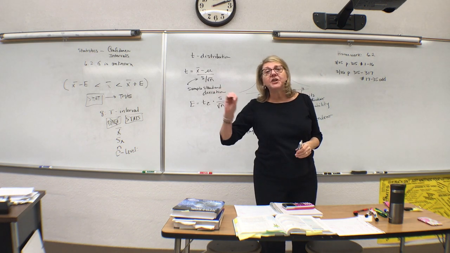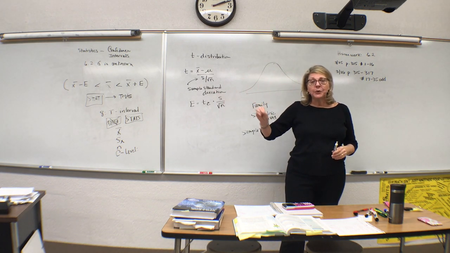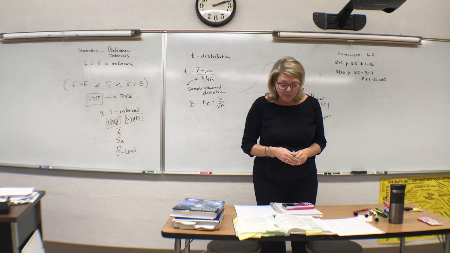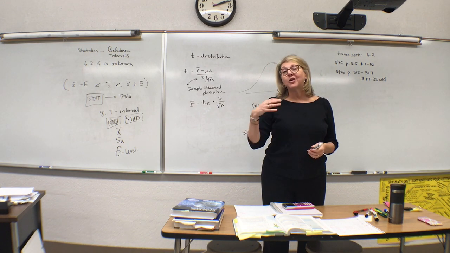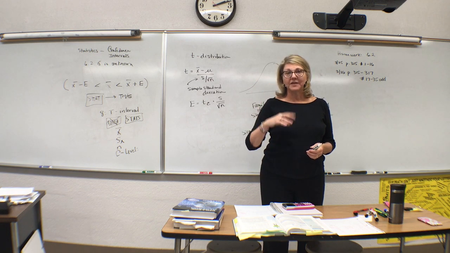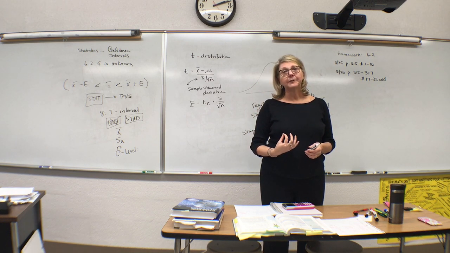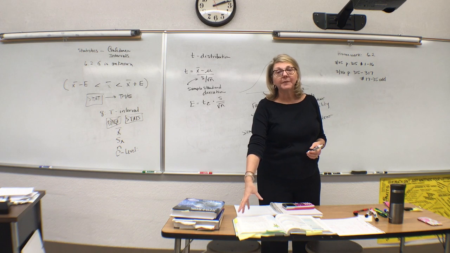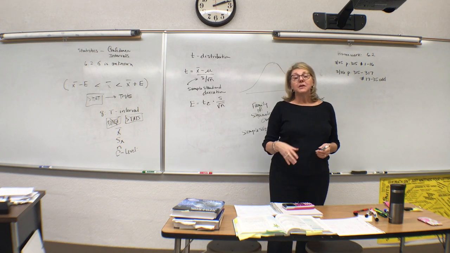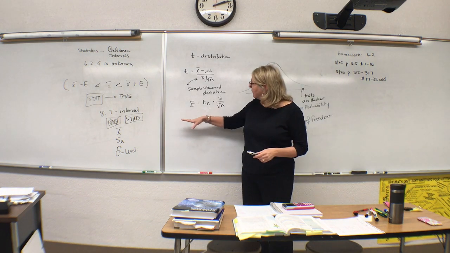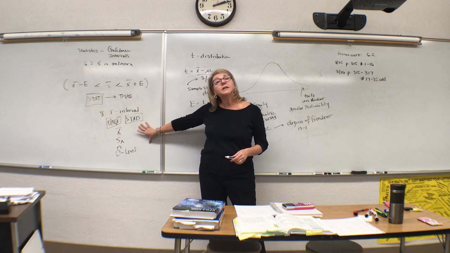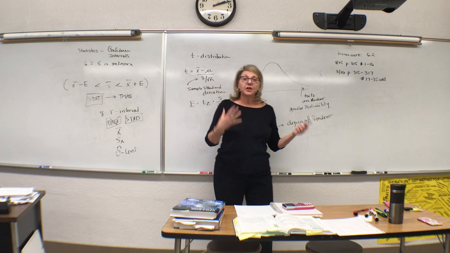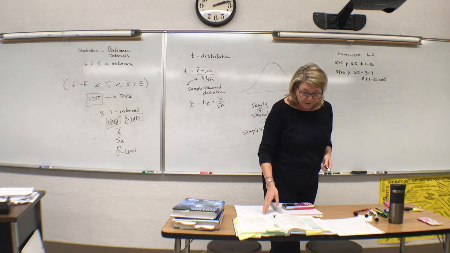However, if the population standard deviation is unknown, these are the problems that we're finding in 6.2, then the margin of error calculation comes from a critical t-score. This is a t-distribution value. Those values can be found from the table in the back of the book, or again, you're very welcome to load all of the pertinent information directly into the calculator and have the calculator generate the interval for you.